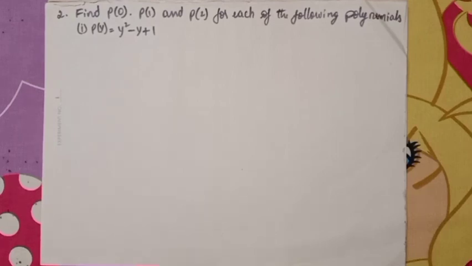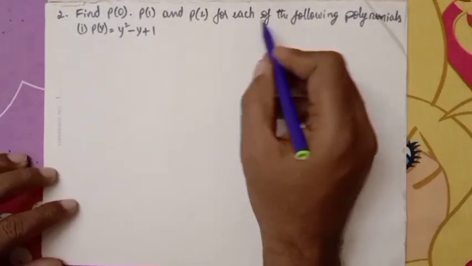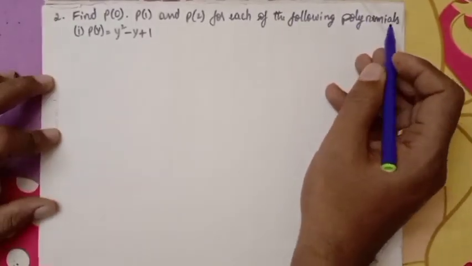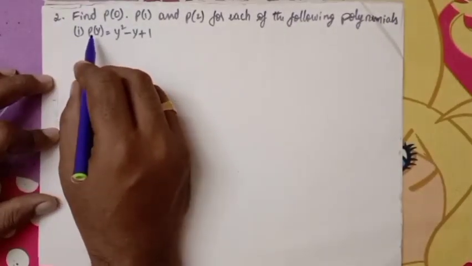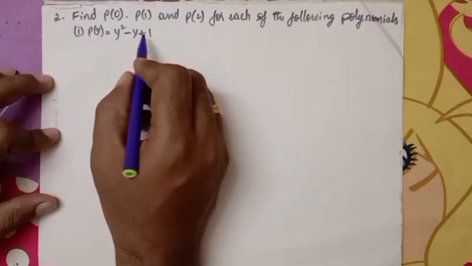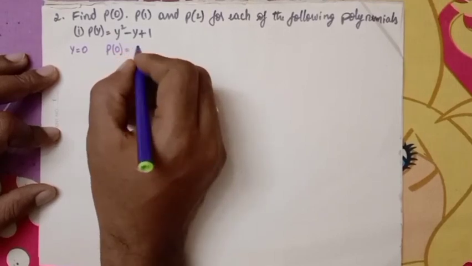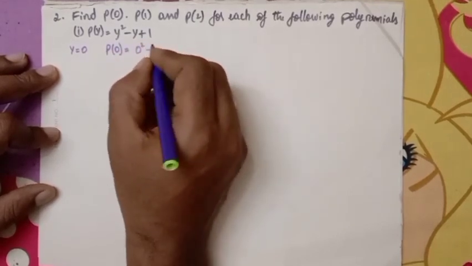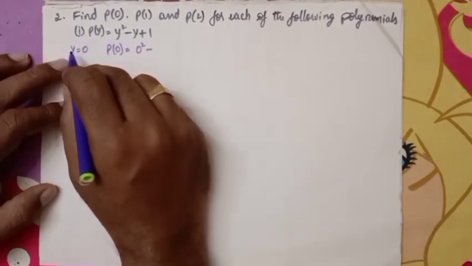Find p of 0, p of 1 and p of 2 for each of the following polynomials. Firstly, I have taken p of y is equal to y square minus y plus 1. So, first case is y is equal to 0. That is, p of 0 is equal to 0 square minus, substituting the value y is equal to 0.